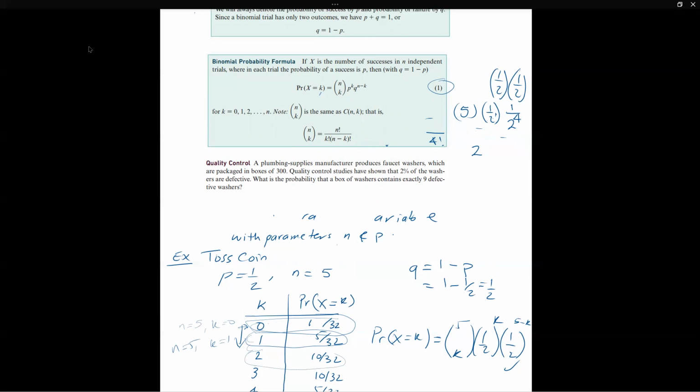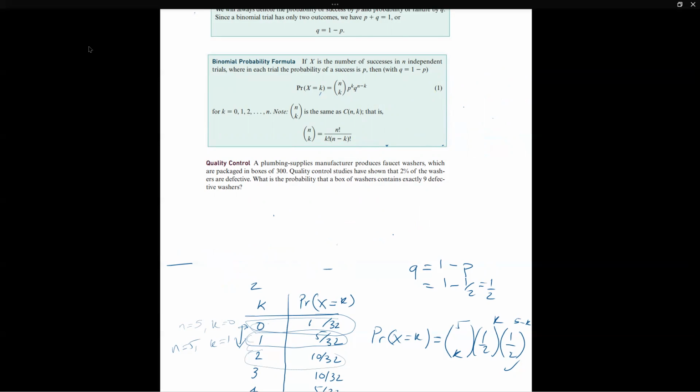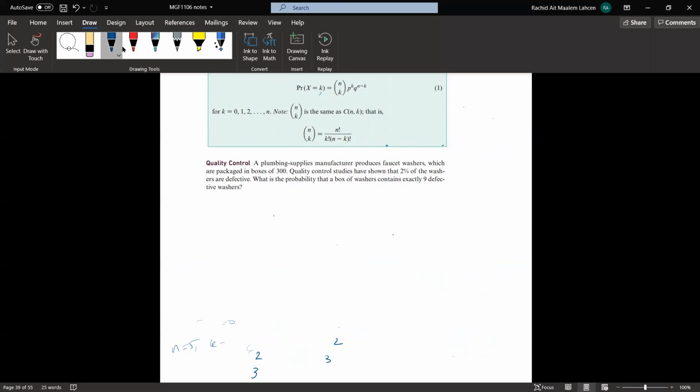So now let's solve this example. You can pause the video and work out and then fast forward it afterwards. Okay, I think that's at least better.